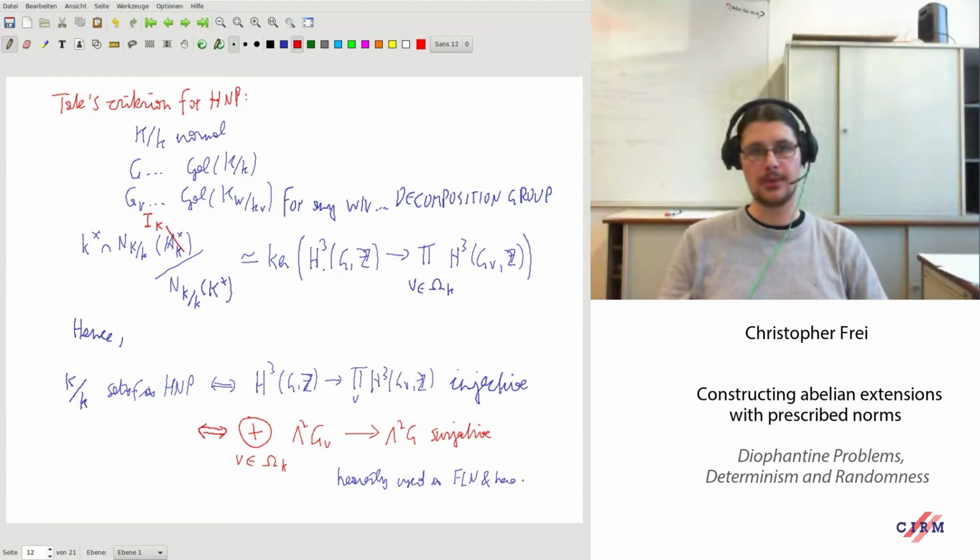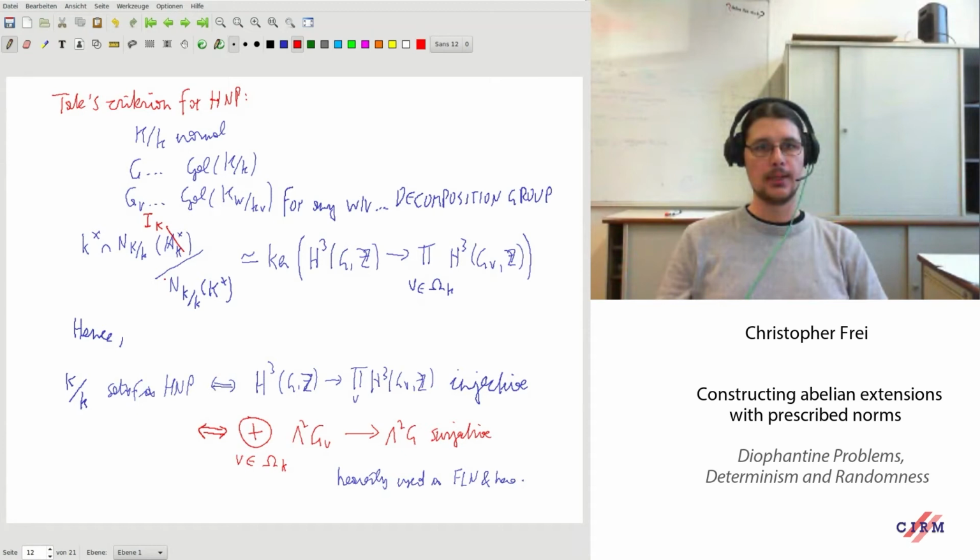So you have the third Galois cohomology of G, of K over k, and you go to the product over all places of little k of the third cohomology of these decomposition groups by the restriction map. And the kernel of this is isomorphic to the knot group.